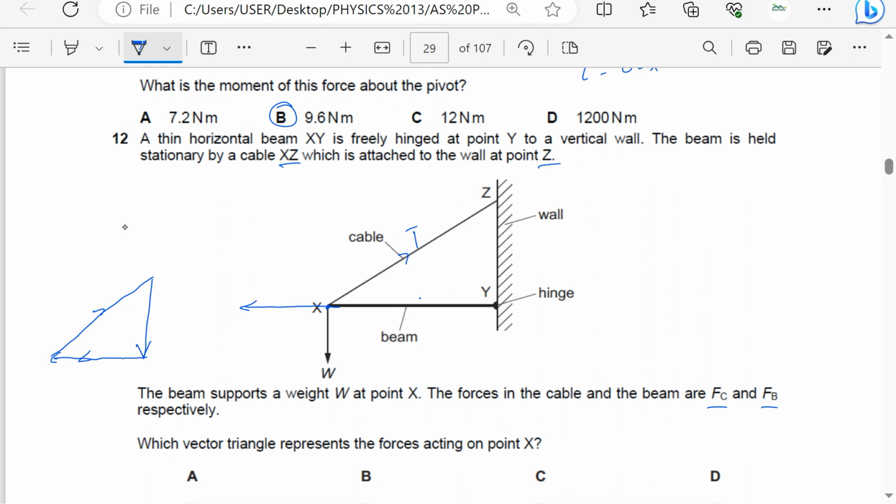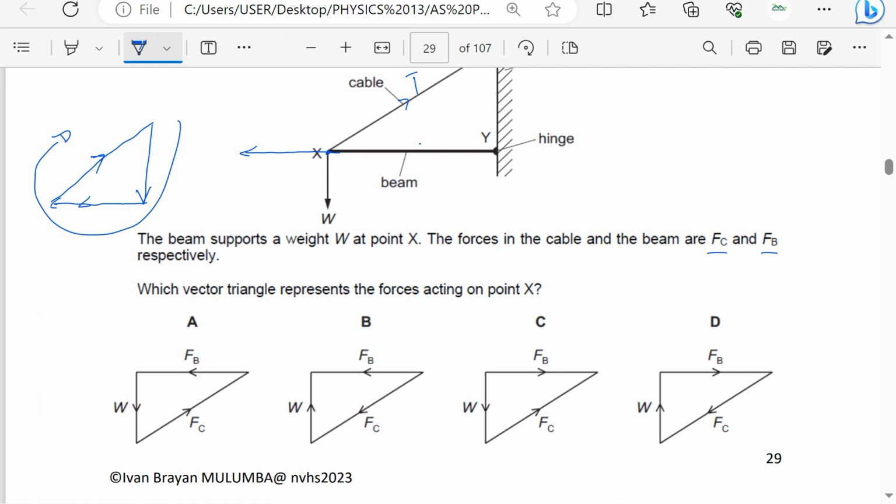So first of all, it should be a closed triangle, either in that direction or the other way around. That is because if I complete this parallelogram here, I could have something like that.